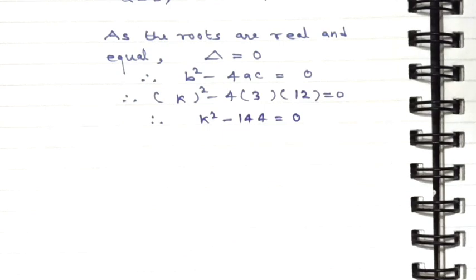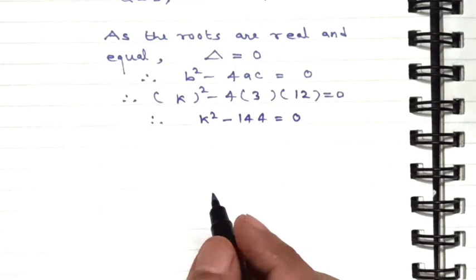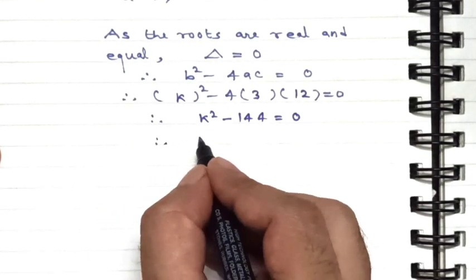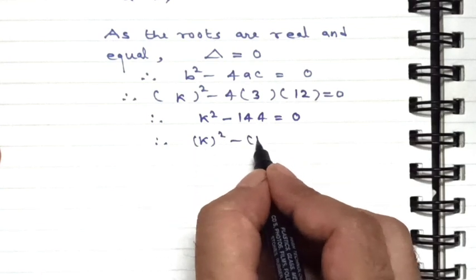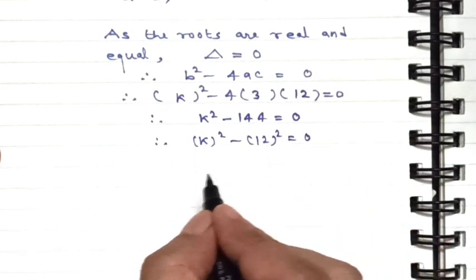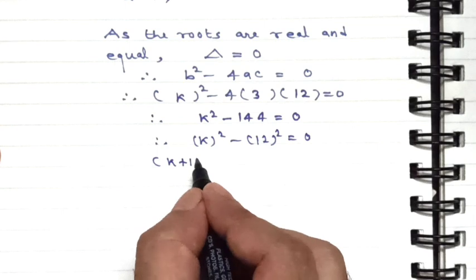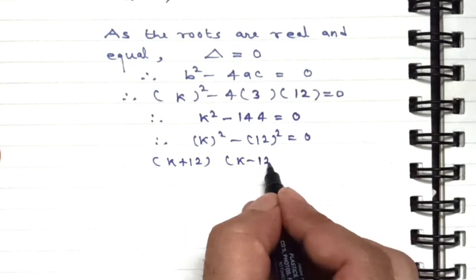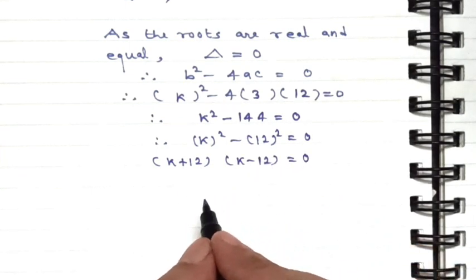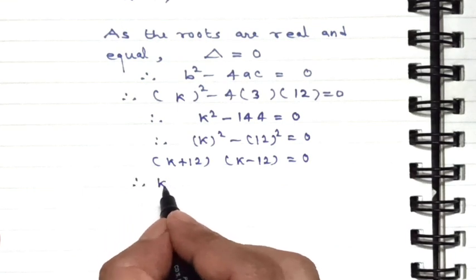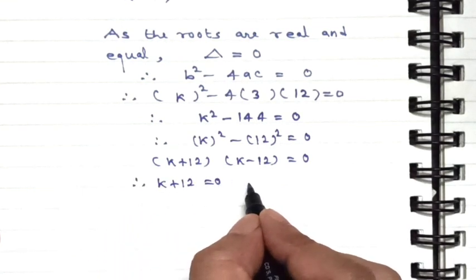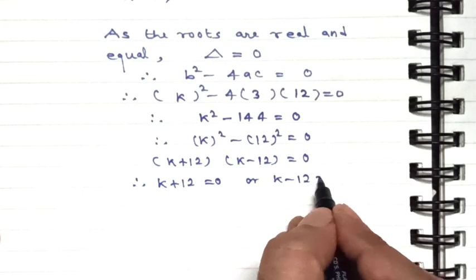Now you have to solve this quadratic equation, and you know how to solve this quadratic equation. You can use factorization method. So therefore, this is equal to k the whole square minus 12 the whole square is equal to 0. That means k plus 12 and k minus 12 is equal to 0. Therefore, k plus 12 is equal to 0 or k minus 12 is equal to 0.